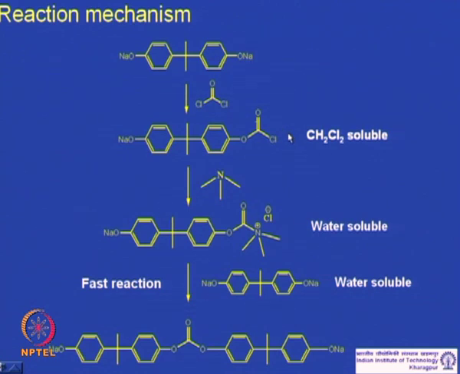So, then the reaction of these two reacting species will be happening on the organic side of the interface. So, either you can add trimethylamine to bring this species closer to the water side, or you can add a phase transfer catalyst to bring this bisphenol A ion to the organic side to make the reaction faster.